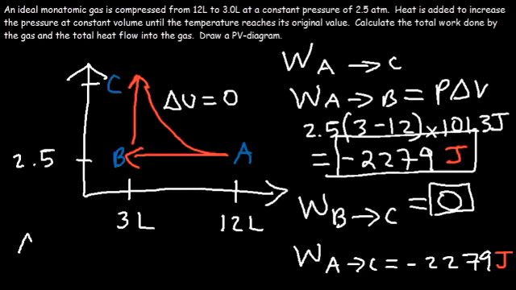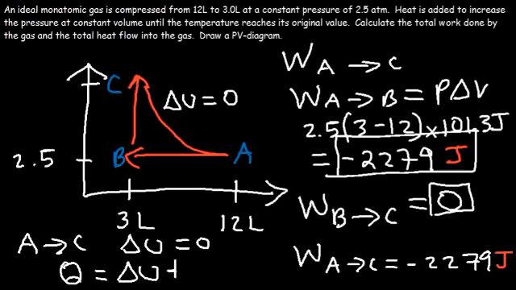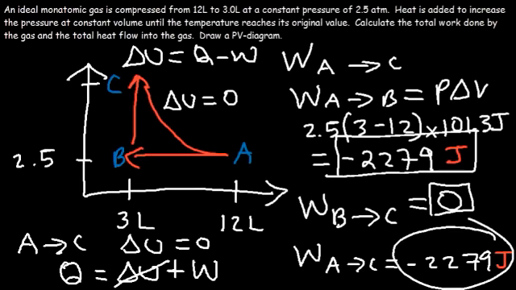So from A to C, the fact that delta U is equal to 0 means that Q is equal to W. Q is W plus delta U, if you rearrange the equation. So if delta U is 0, Q is equal to W, which is negative 2279.